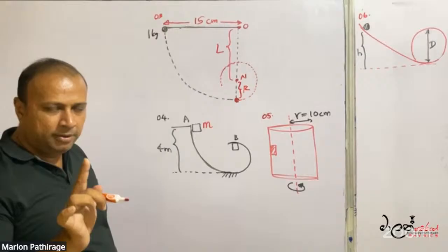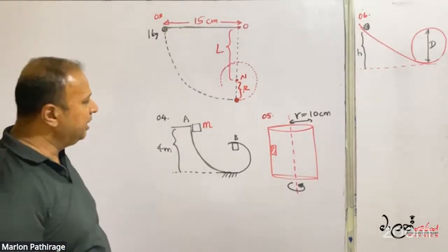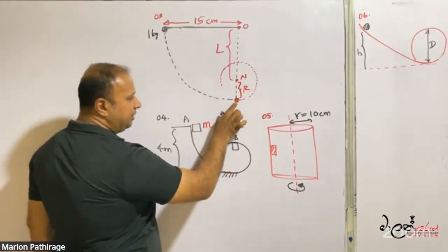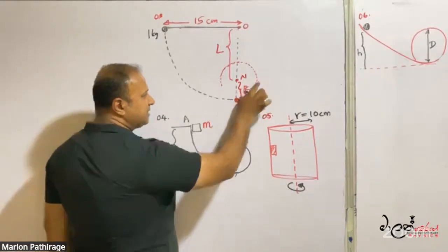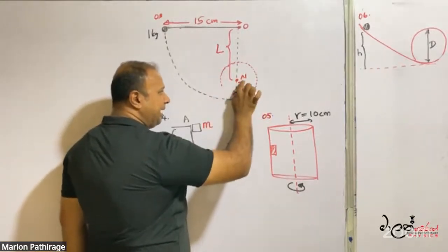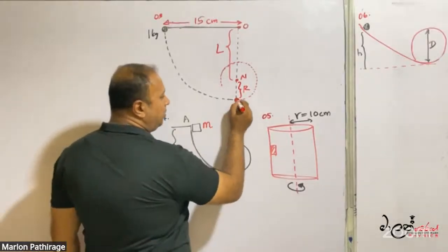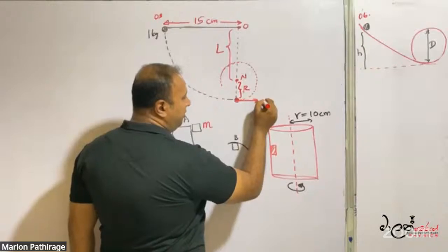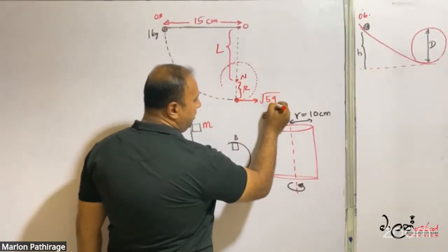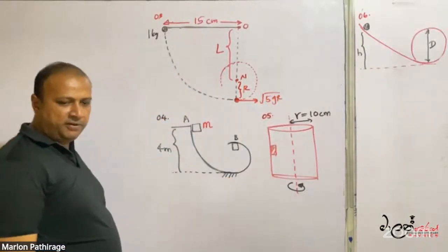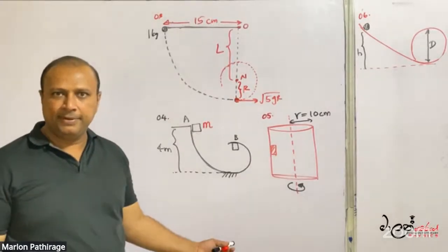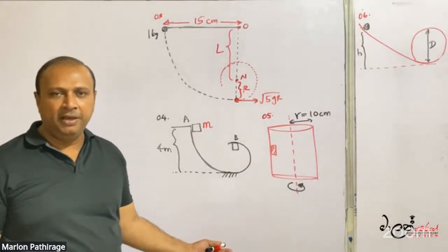You know this thing. If this object completes a full circle about this center N, definitely it should have a velocity at the bottom which is equal to square root of 5gr. Otherwise, it cannot complete a full circle.